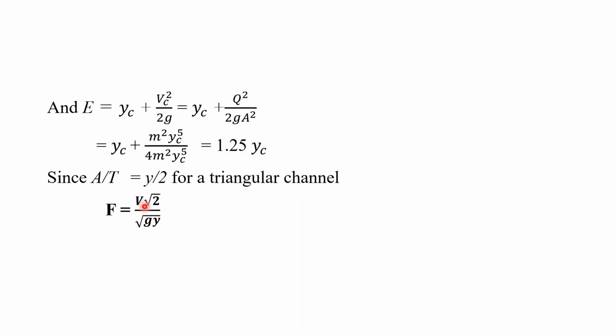And A by T, that is area by top width, for a triangular channel equals y by 2. So the Froude number will finally be equal to V into square root 2 by square root g into y.